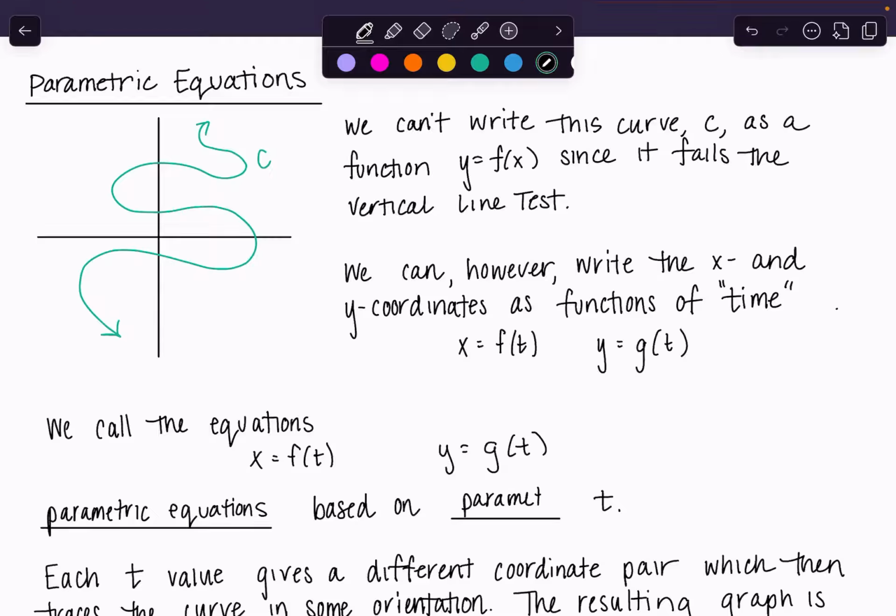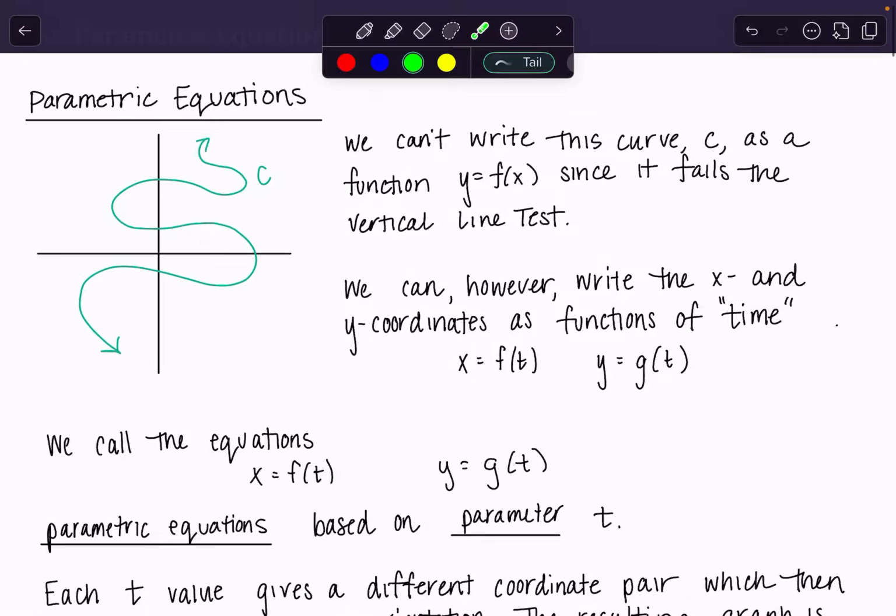So t is the thing that governs both of these two coordinates, and in turn, we'll be able to plot it out. The thing about parametric equations, though, is we're not going to have arrows on the end like this. Instead, our x and y is going to be traced in a very specific orientation. So we're going to have an orientation on the curve that tells us the way it was traced out.